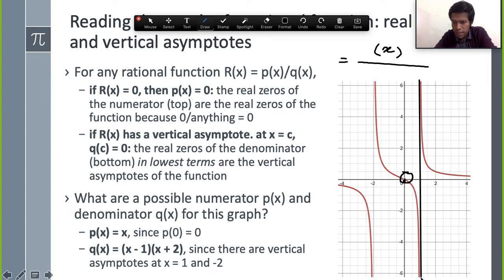It looks like there is something here towards which the graph is trying to approach, kind of a vertical asymptote here. And of course another one here that you may already have noticed.